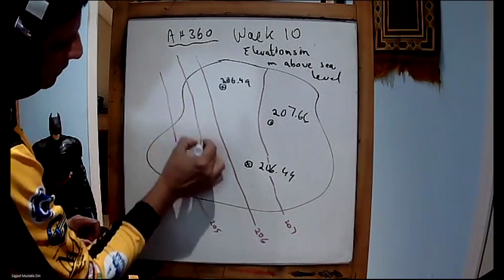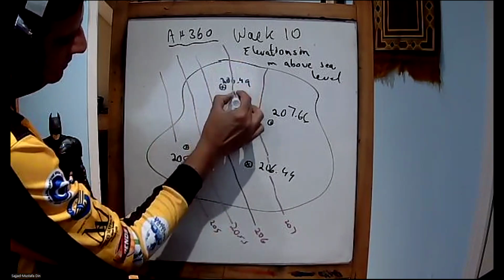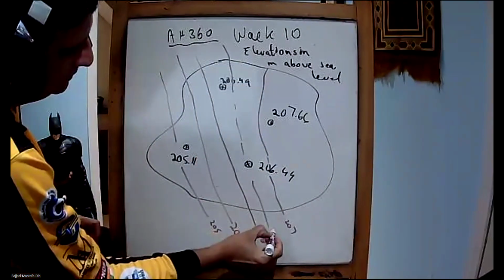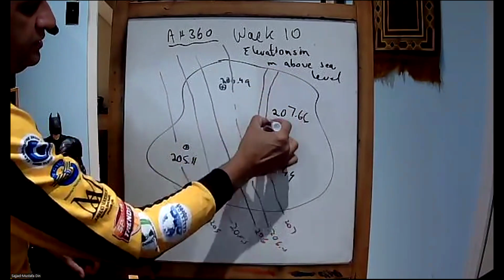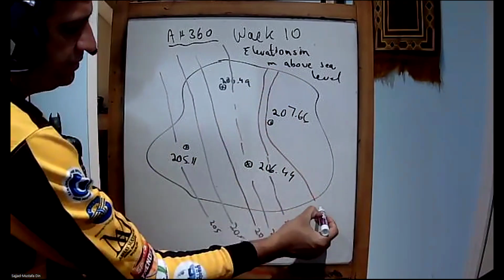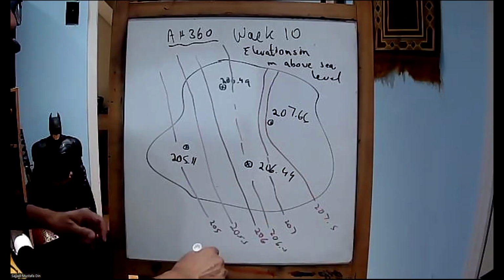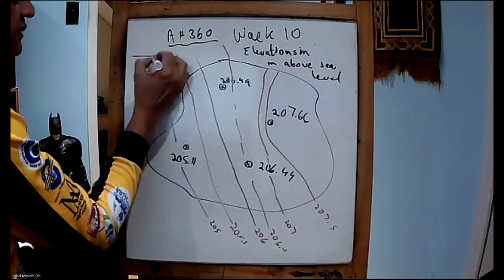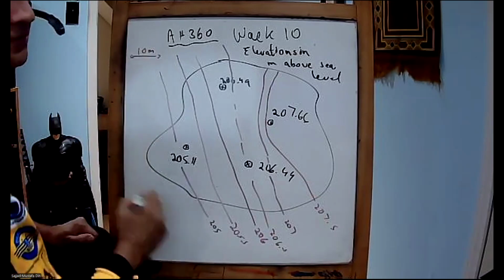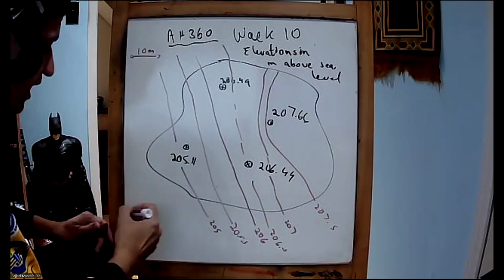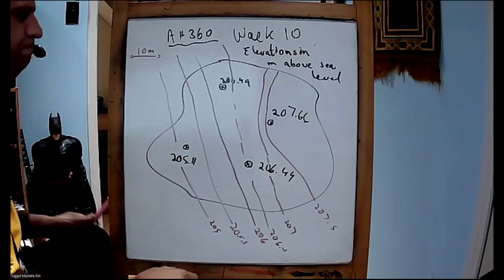This is 205.5, 206.5, 207.5, right? And you also have a scale here. Let's say this is 10 meters.